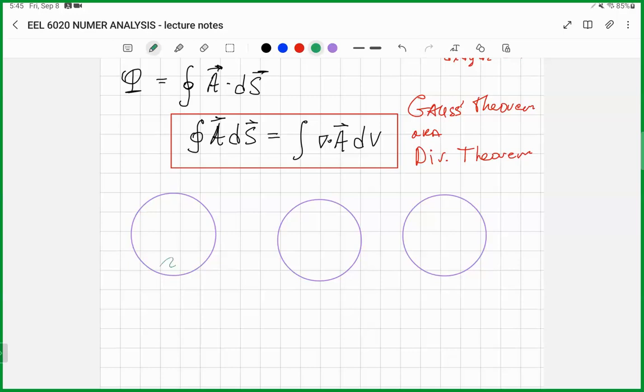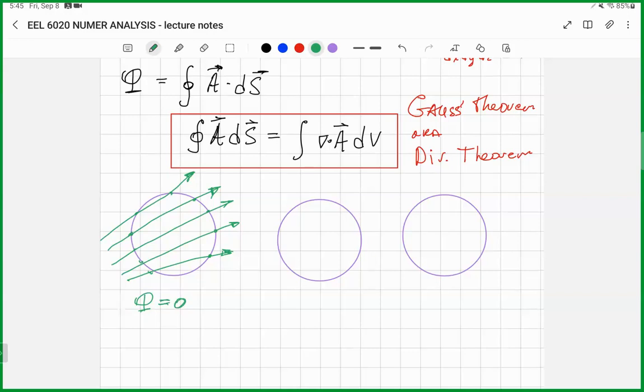For example, for this enclosed surface of object 1, let's say it is placed in the field going like this. So it is a homogeneous field, but we notice that the number of field lines that enter the surface equals the number of lines that go out from the surface. And this simply means that the flux of this field is equal to 0.